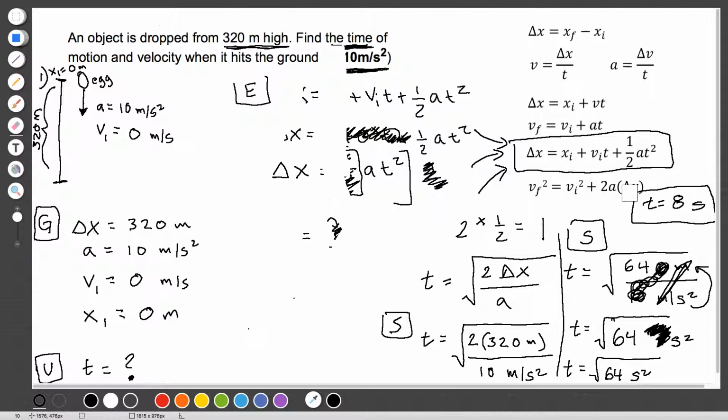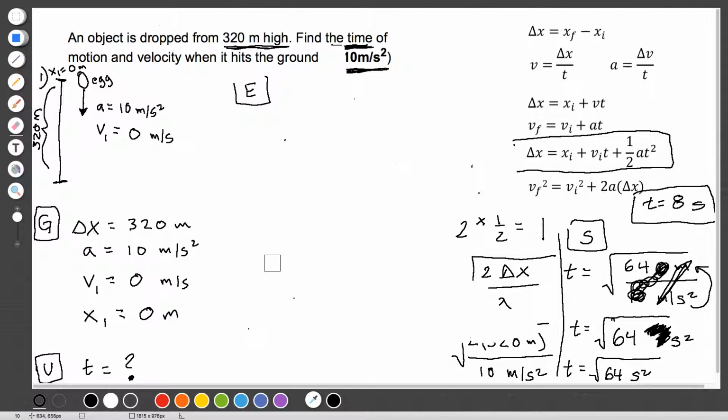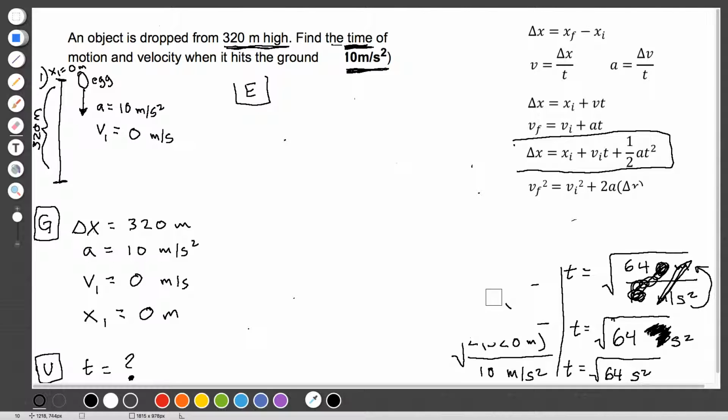Oops, looks like I erased part of the problem, no big deal. Erasing, erasing, erasing.